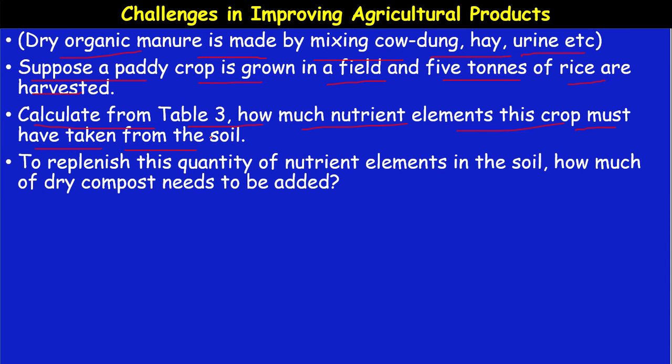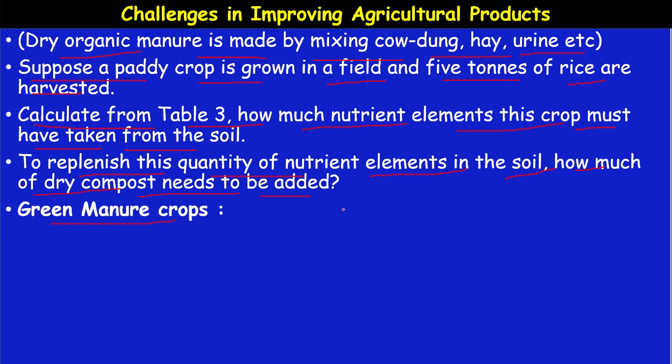To replenish this quantity of nutrient in the soil, how much dry compost needs to be added? If the farmer knows how much nutrient is consumed by the crop and how much to add to the soil for growing the next crop, then the farmer will get a maximum yield.